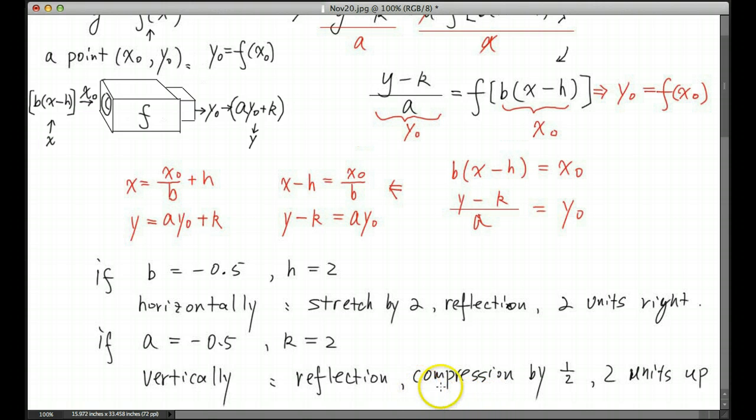But you can't start with 2 units up, because according to the operation, you have to do the multiplication first, and then the addition. So when you add 2, that means you have 2 units up, because the new y coordinate is increased by 2 units. So of course it's a translation 2 units up.